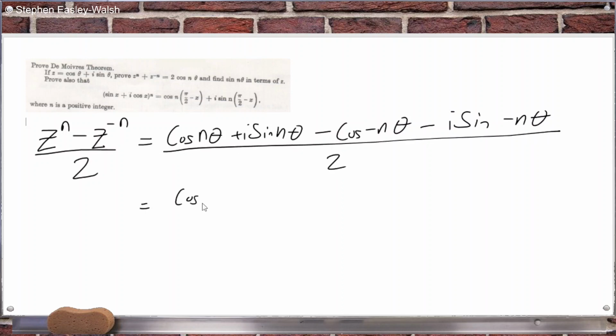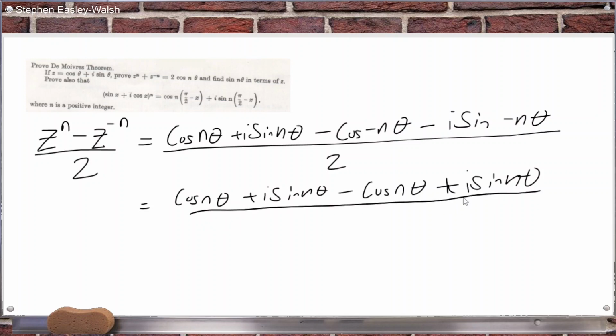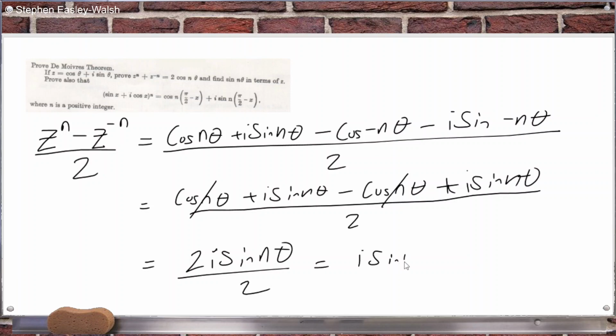So that's cos nθ plus i sin nθ minus cos nθ plus i sin nθ, using the same logic as before. Cos is an even function and sine is an odd function. The cos's cancel, so you're left with 2i sin nθ over 2, which is equal to i sin nθ.